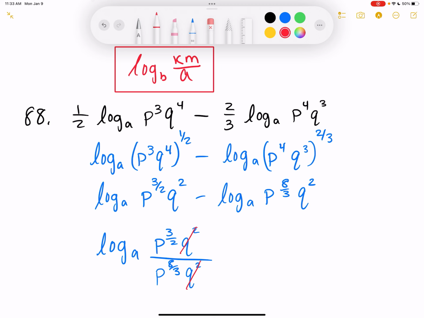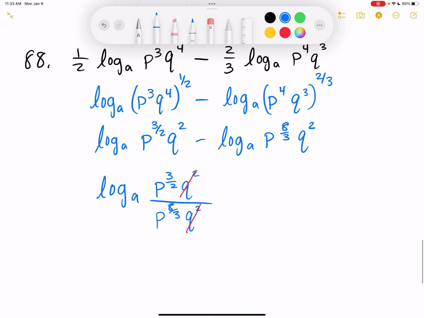To change the sign, so I'm going to subtract. I'm going to have log base a of p to the 3/2 minus 8/3, then you can get your common denominator, which would be 6, so log base a of p to the 9/6 minus 16/6.